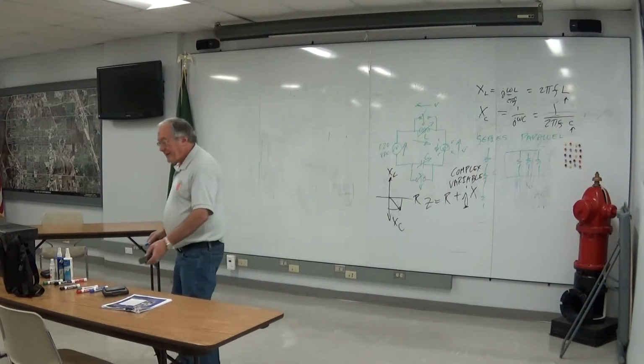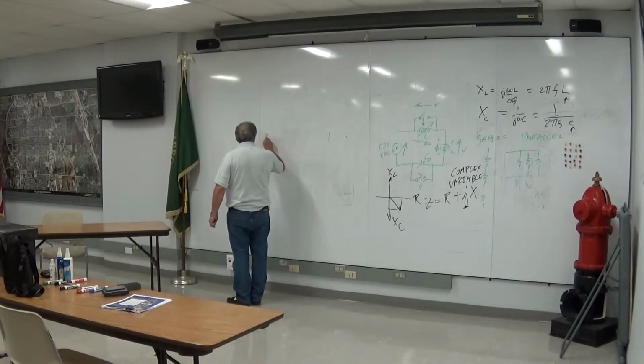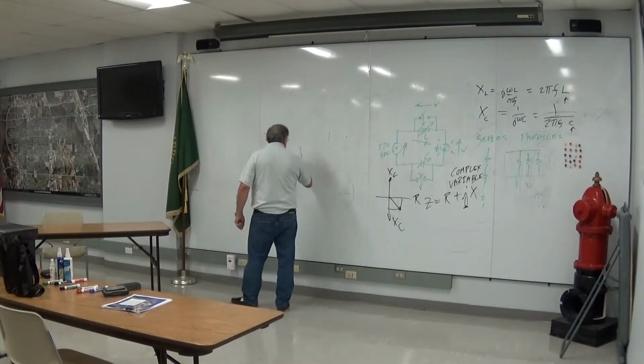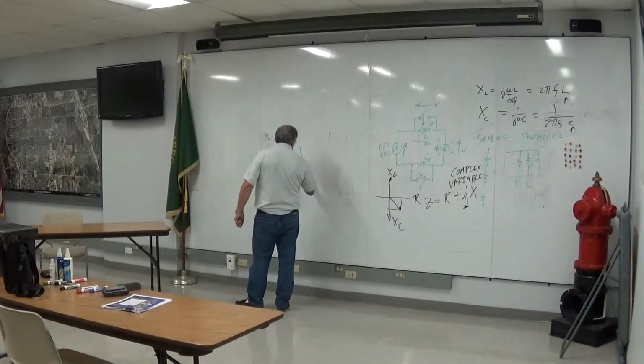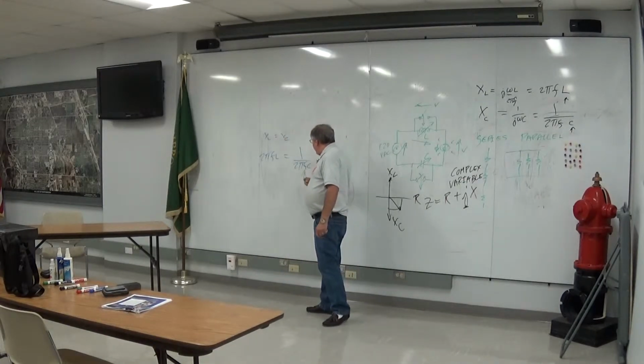So what we're going to find out is that in that equality, X sub L is X sub C, or 2 pi f L equals 1 over 2 pi f C. What we want to solve for is f.